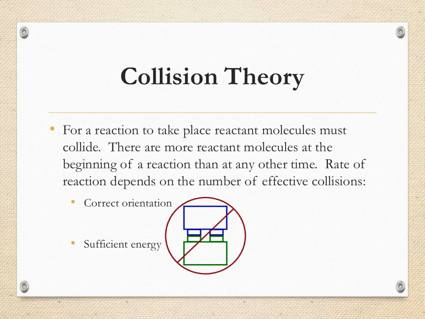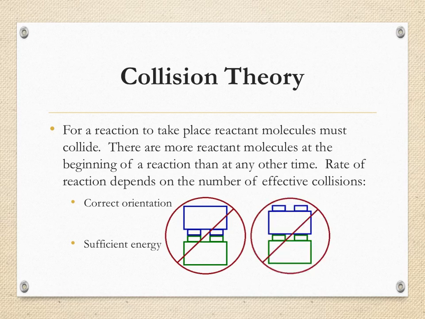The other thing that you have to have is sufficient energy. So let's say you got your Lego molecules turned the right direction and you put them on top of each other like this. Well, you're still not going to build a very good Lego tower because you haven't given them sufficient energy. You haven't given them that click that makes the tower tall.